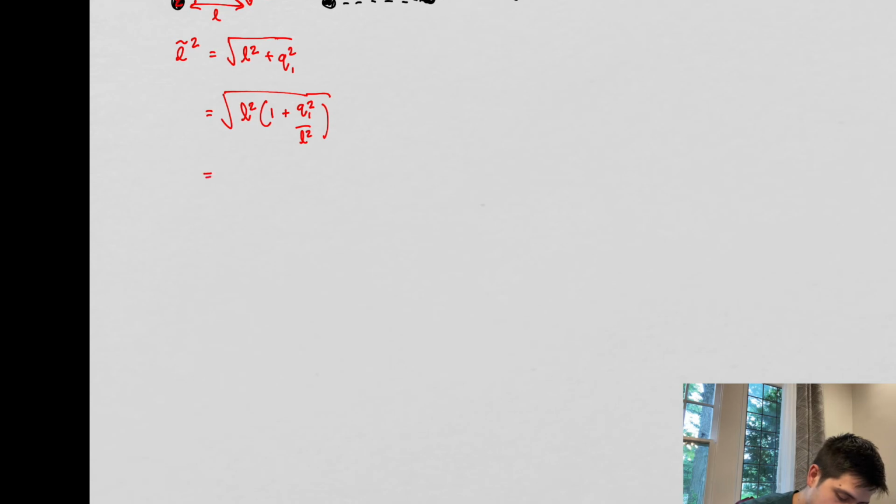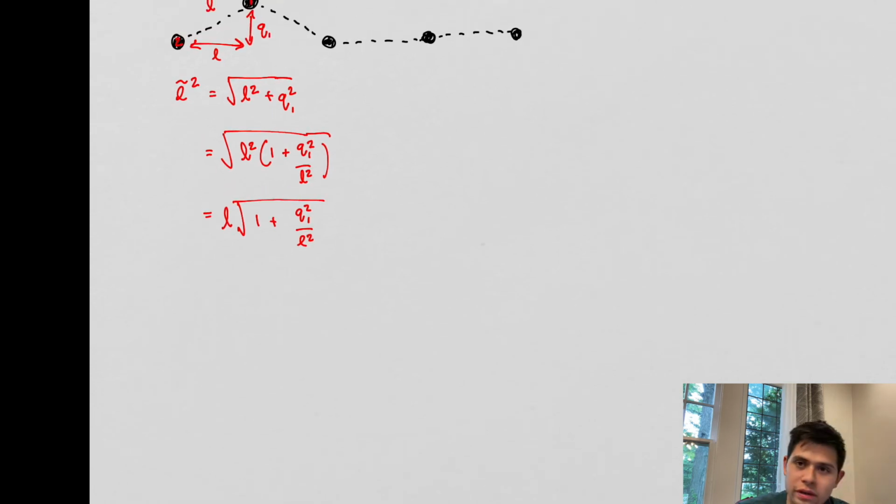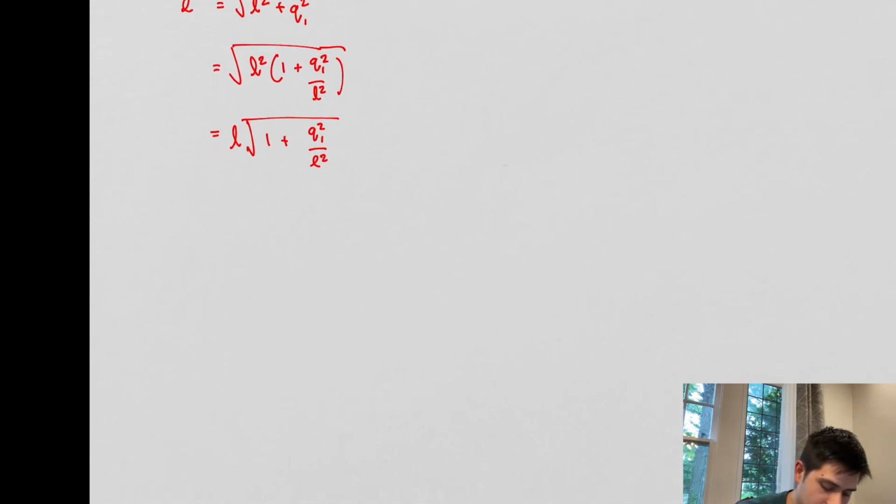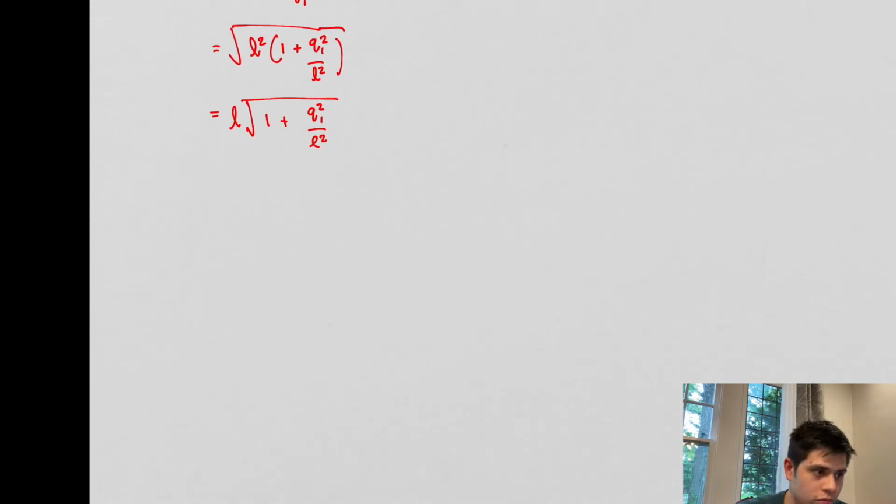Well, this enables us to say L times the square root of 1 plus Q squared over L squared. Okay, this is really just algebraic manipulations on equations so far. Nothing too profound yet.